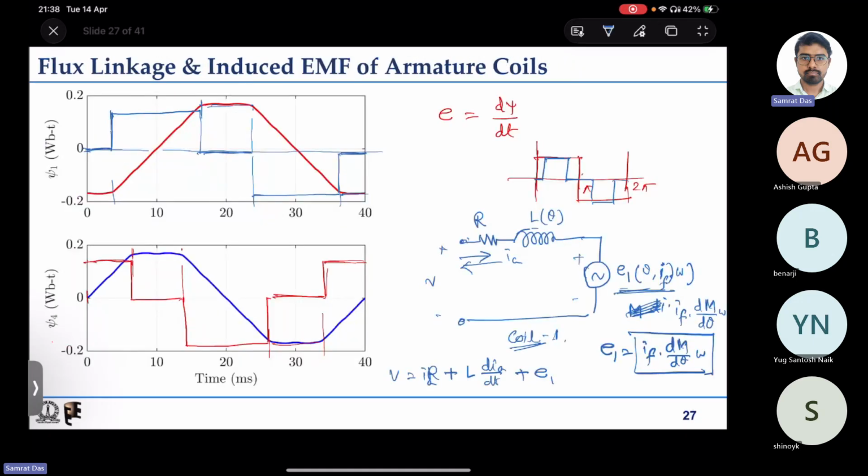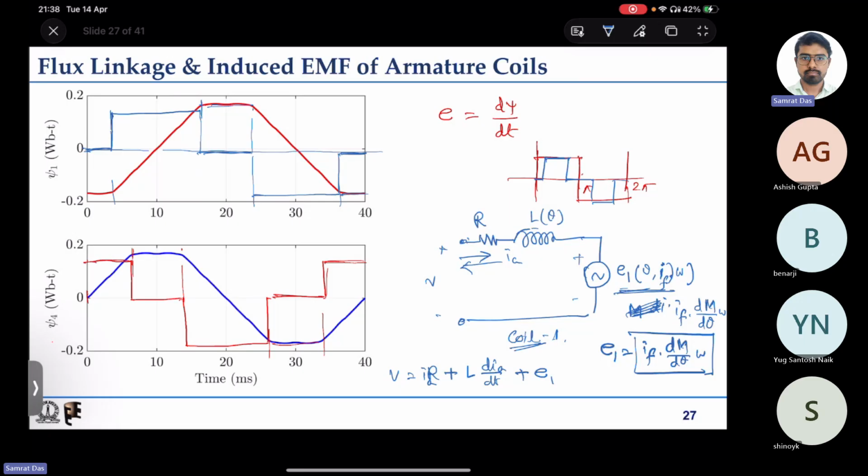So here the point that we concluded last class is, if I take one armature coil, the inductance is actually varying with rotor position, and the induced EMF that is visible in the armature winding is actually a quasi square wave, not a constant value.